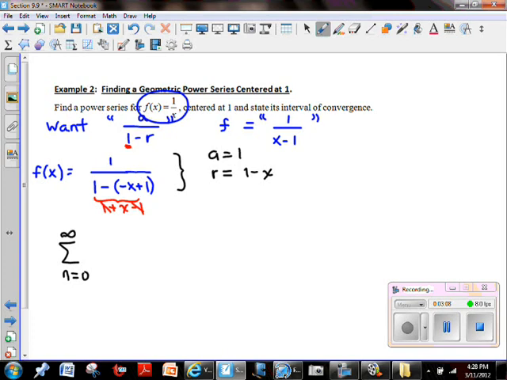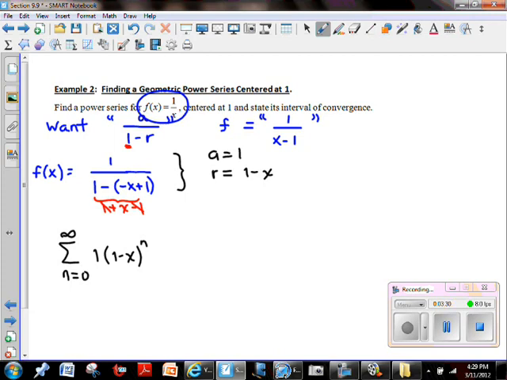The summation as n goes from 0 to infinity of a, 1, I'll write that just for emphasis, times r, which is 1 minus x to the nth power. And this would certainly work. I have no problem with this particular representation.